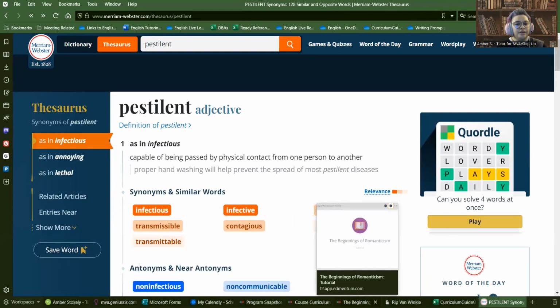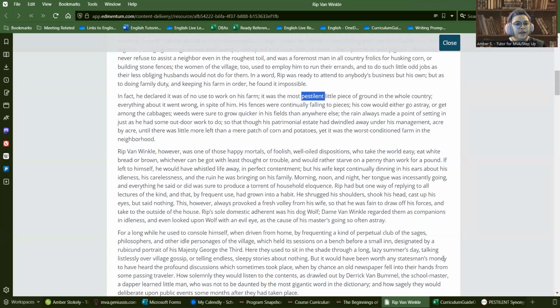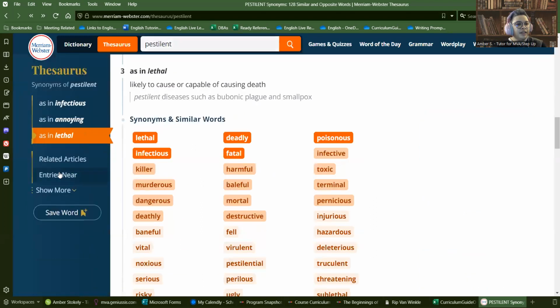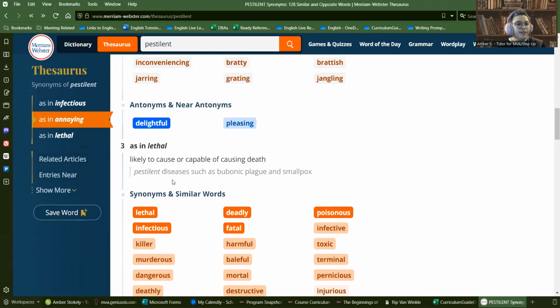I want to make sure that I got this right. Yeah. So usually, let's see, annoying, lethal, I think. Yeah, so pestilent is what they mean here, this third definition. I'm sorry. Likely to cause or capable of causing death.